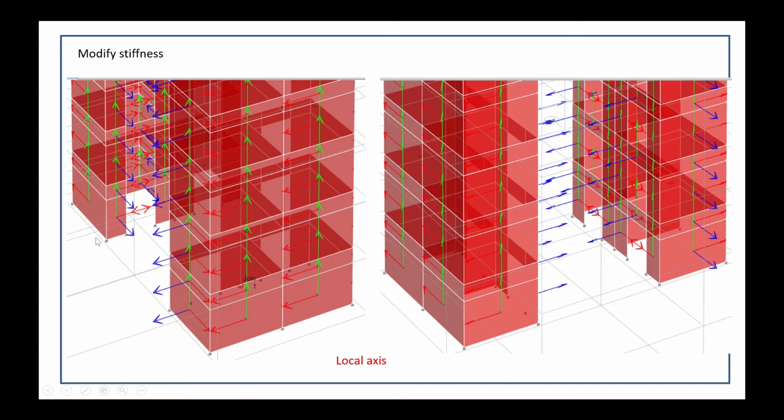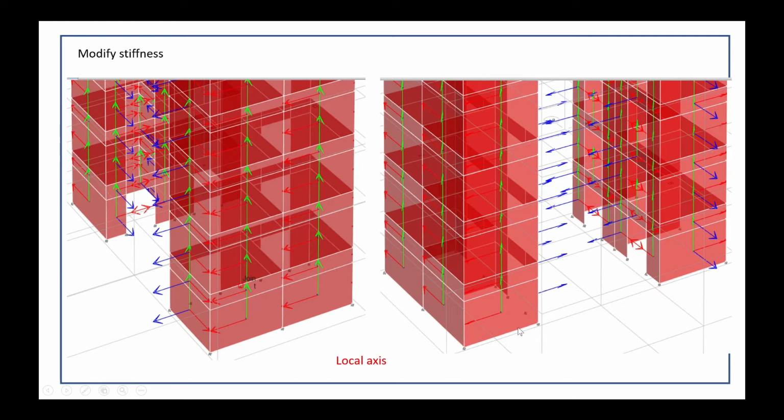Now let's check one side. The local axis is outside, and in this panel the local axis is inside. You can check here the direction of it, in this direction, and in this panel in this direction.